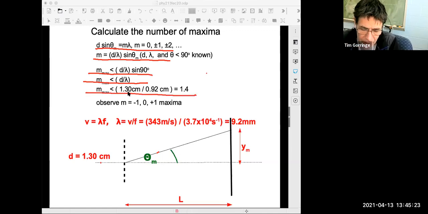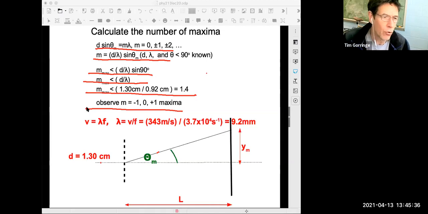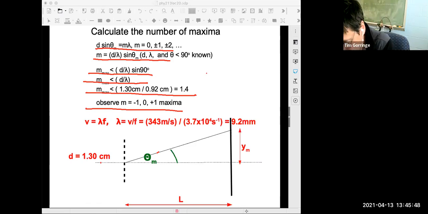We can fill in the slit separation, fill in the wavelength of the sound, and we get a ratio of 1.4. m has to be less than 1.4. m can actually only be 1. You only get one first order maximum in this case of this ultrasound illuminating this diffraction grating.